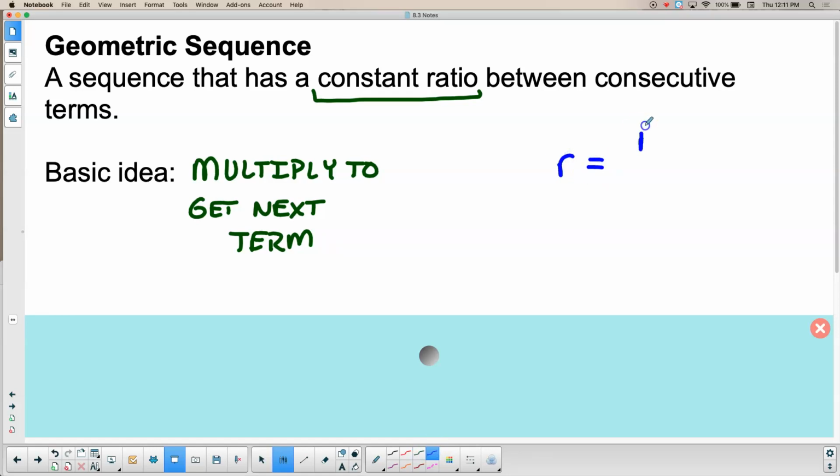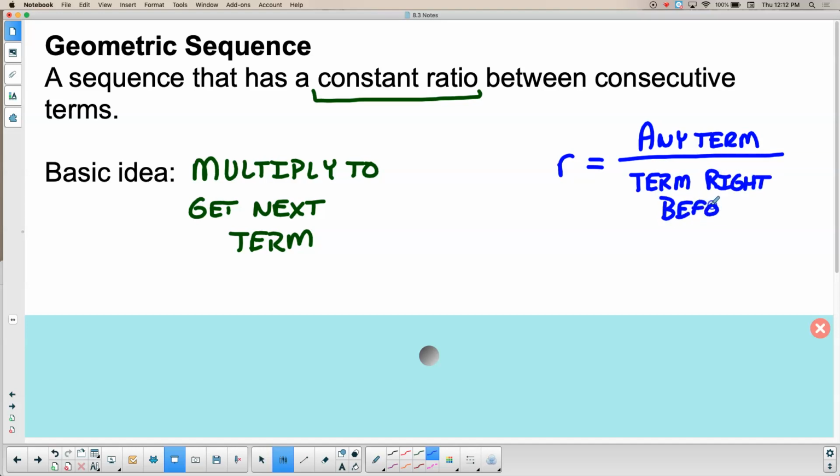And the ratio is any term divided by the term right before it. Or the previous term. Or G sub n divided by G sub n minus 1.